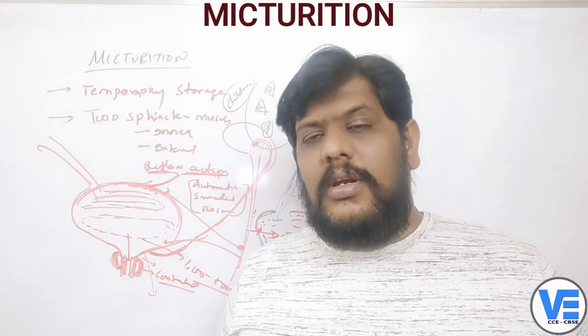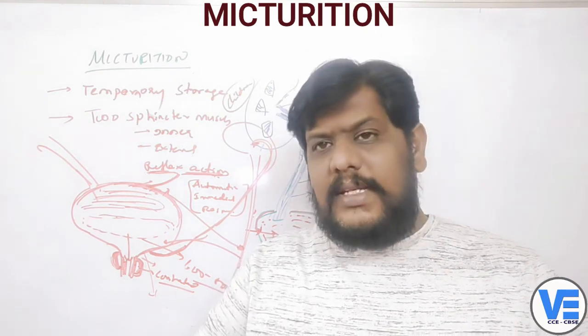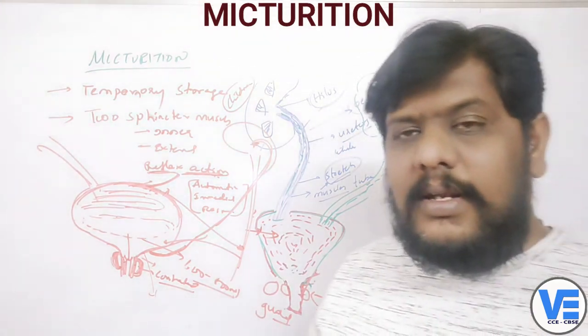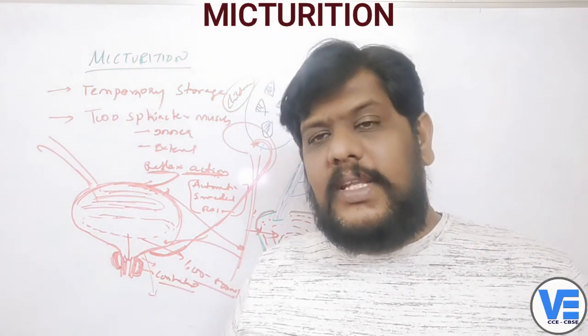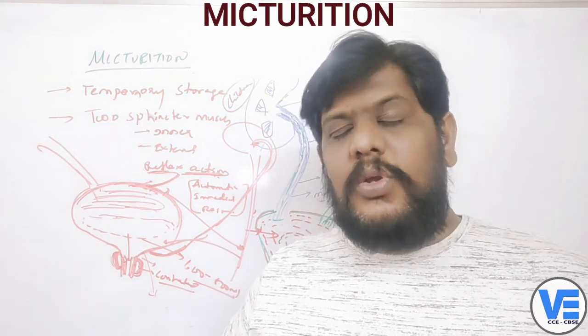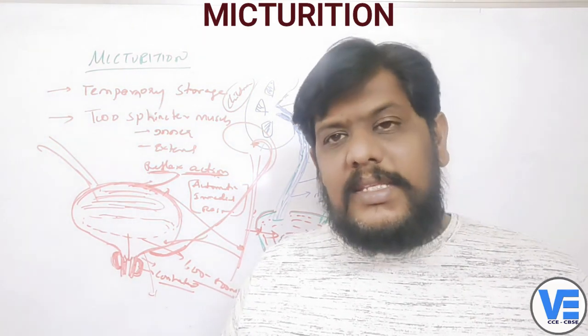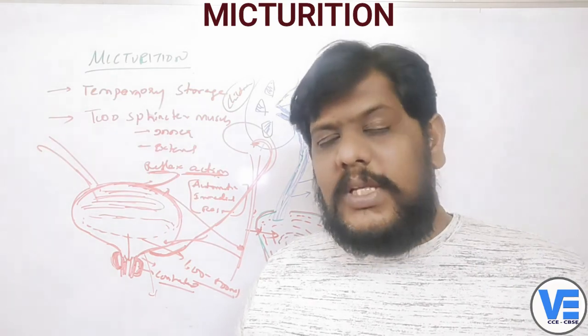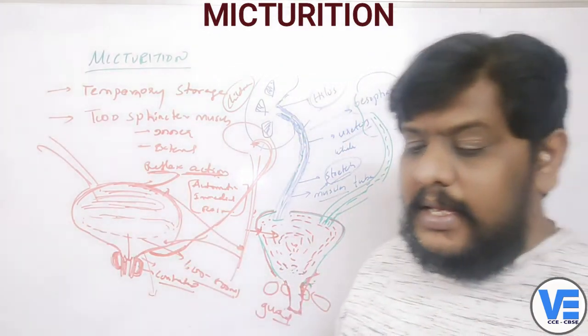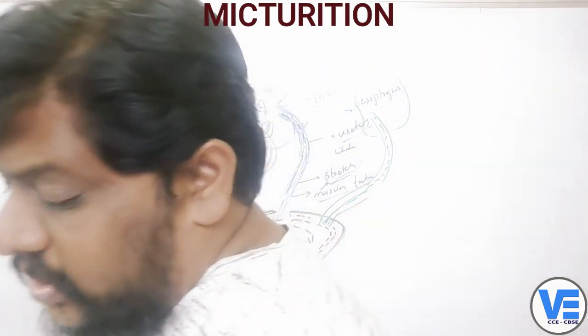That is a very immediate response. Some children take a very long time to gain control over urination, so at night they keep urinating in the bed. This whole process we call micturition.